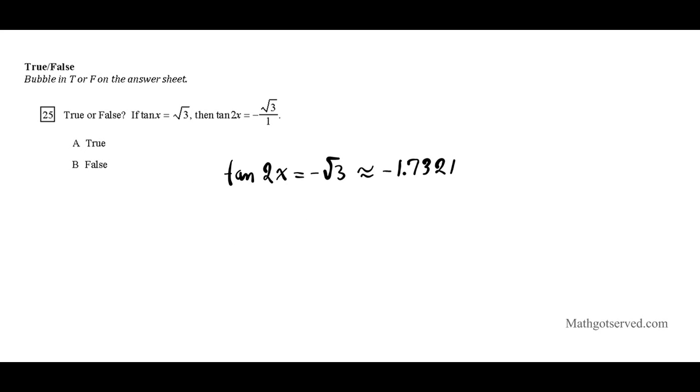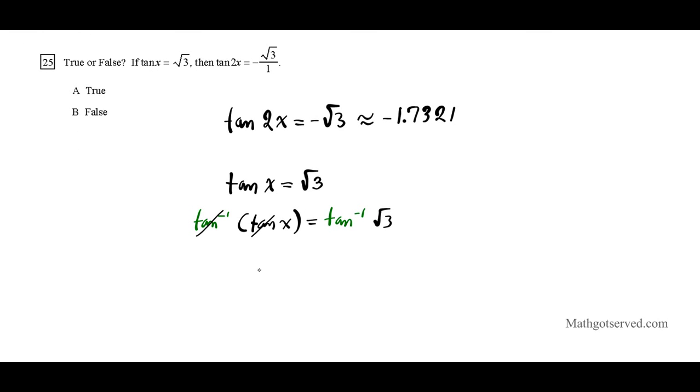All right, now let's use this to find tan 2x. So we know that tan x is root 3. If tan x is root 3, then what is x going to be? You take the inverse tan of both sides, right? So the inverse tan of tan x equals the inverse tan of root 3. So you get x equals the inverse tan of root 3.